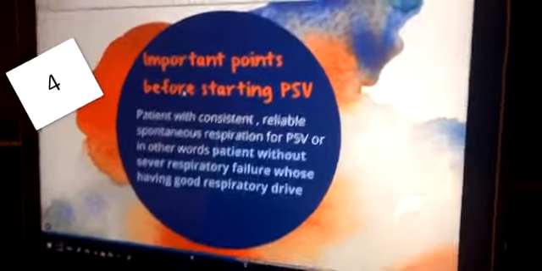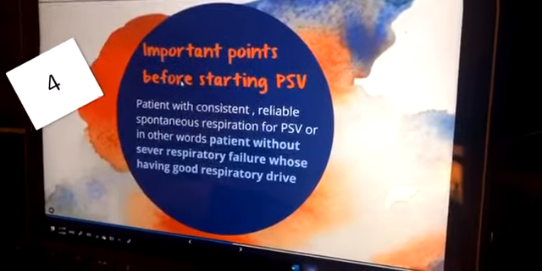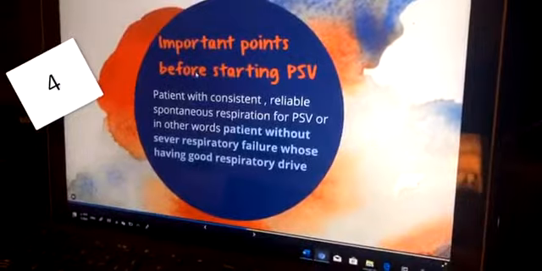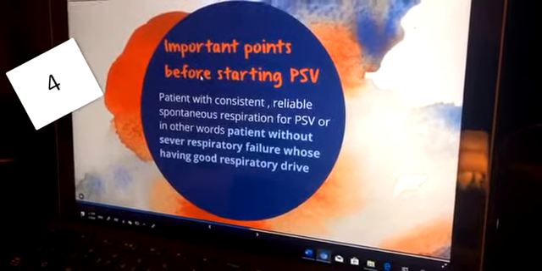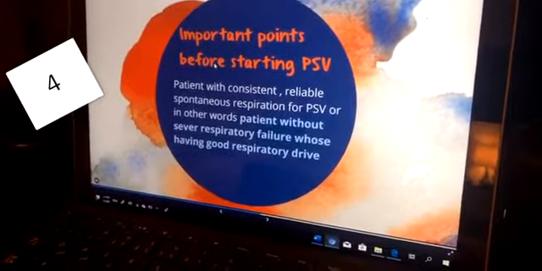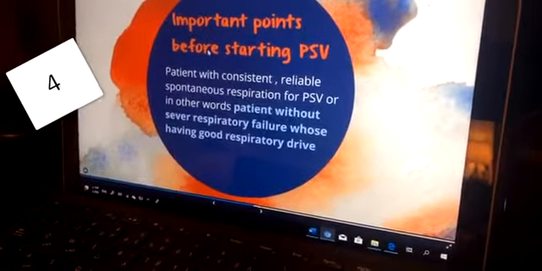Okay, so there is an important point I need to know before starting pressure support mode. أول شيء أحتاج أعرف إنه my patient has a consistent, reliable, spontaneous respiration for my pressure support mode to be started. Or in other words, we can say a patient without severe respiratory failure who has a good respiratory drive.